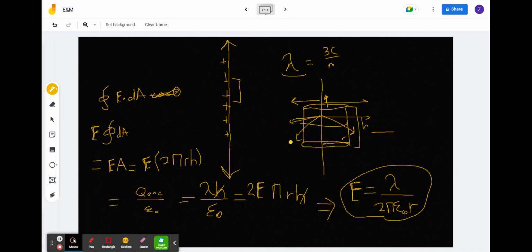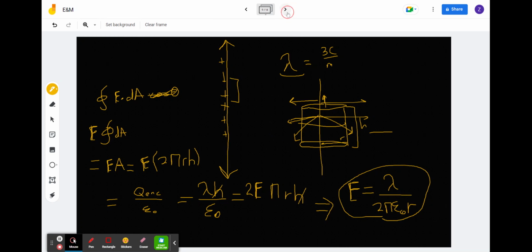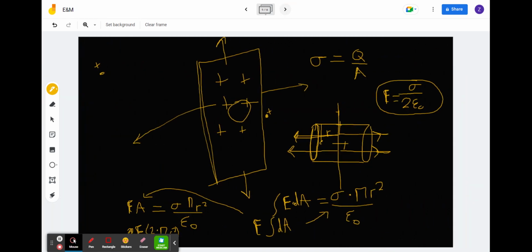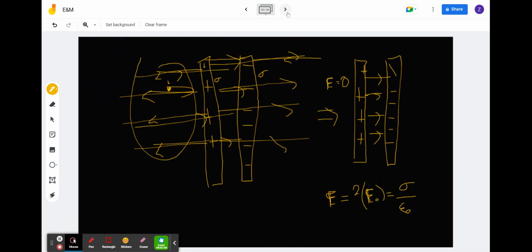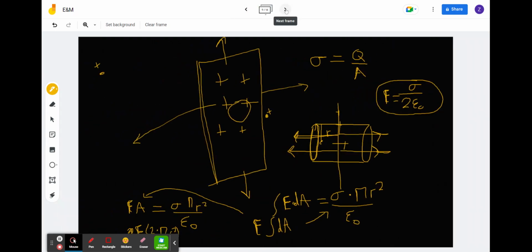Then we started deriving the electric fields of some common objects, like an infinite line of charge, where we used a cylinder as our Gaussian surface, and an infinite plane, where we used another cylinder as our surface. Then we talked about two parallel plates together, and we derived that because of the superposition of fields, the outside would be zero, but the inside would be our surface charge density divided by epsilon naught.